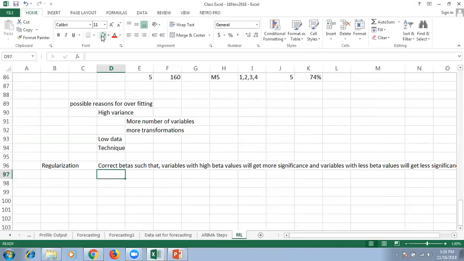Now, how can we do this process? There are different techniques we have. One is ridge regression. One is lasso regression. One is elastic net.